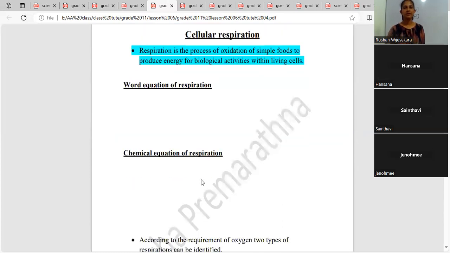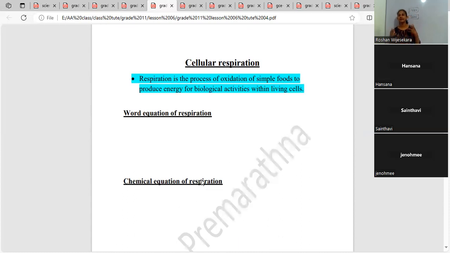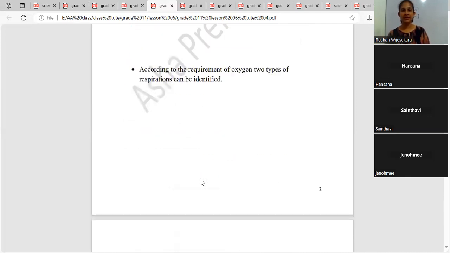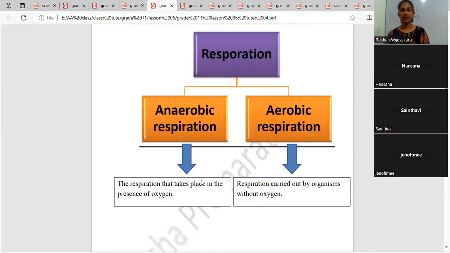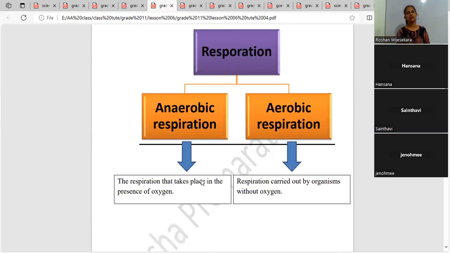In respiration, inside cells, using the food we eat and the oxygen we inhale, cells produce energy, and carbon dioxide and water vapor are the end product, the byproduct of cellular respiration. In respiration, there are two main types, anaerobic respiration and aerobic respiration.